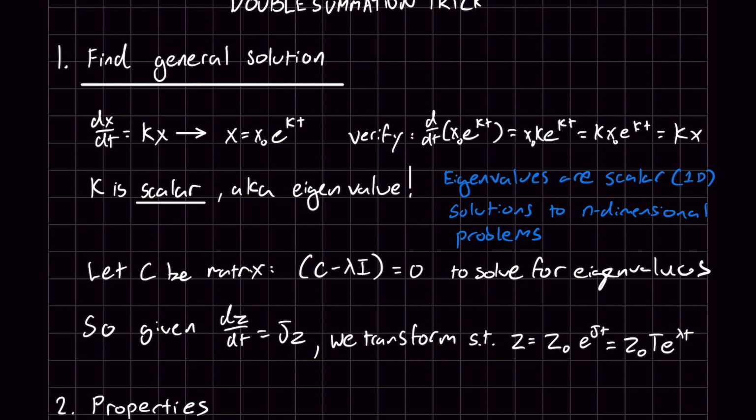What are eigenvalues exactly? Eigenvalues are scalar solutions to n-dimensional problems. So when you have an n-dimensional, like, huge matrix, you're going to end up with numbers on the diagonal. And these numbers are very nice because they turn out to be scalar solutions.